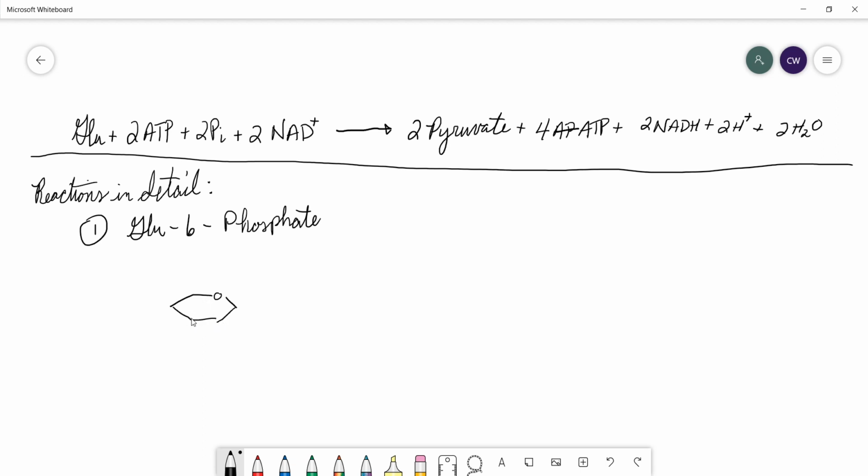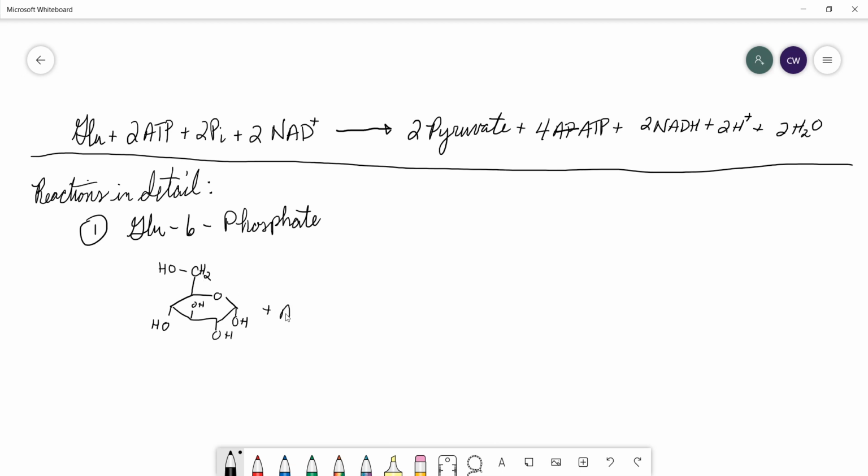I'm going to just stick to drawing the Haworth projections here. If this is carbon 1, 2, 3, 4, 5, and carbon 6 is here.